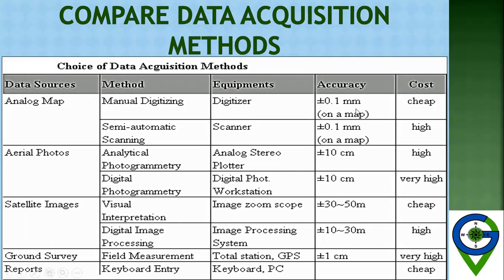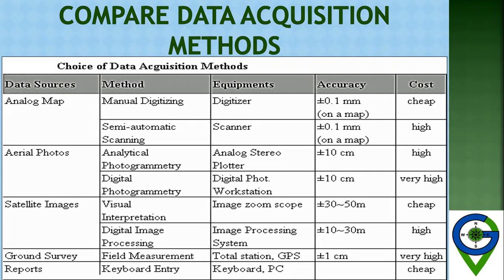Let's compare data acquisition methods, and how they are input into the GIS. Analog maps can be manually digitized, or digitized with the help of semi-automatic scanning.